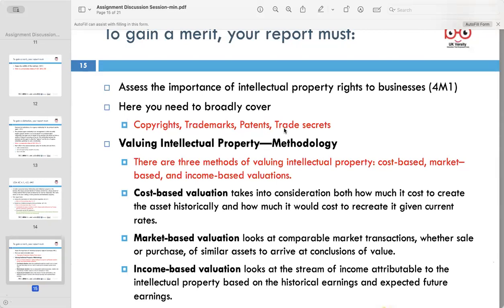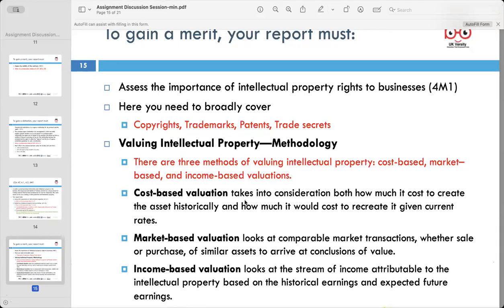Valuing intellectual property: explain the cost-based valuation, discuss how it considers historical creation costs and the current cost to recreate the intellectual property.